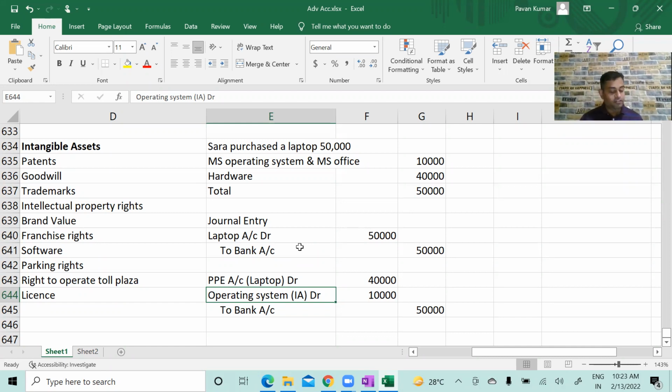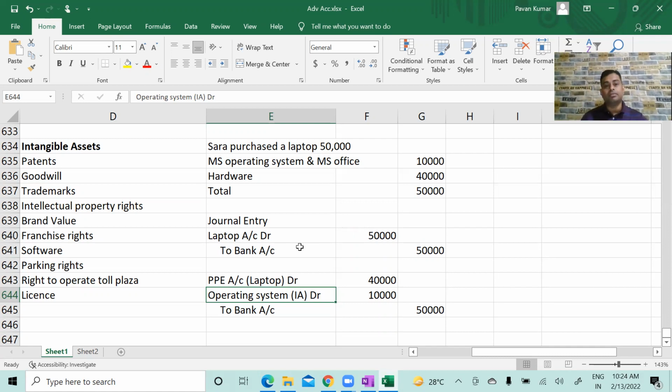And do you have mobile phone? Yes, sir. Which phone? iPhone 13? No, sir. In that operating system is there? Yes. What operating system you have? Android. So you paid for that? Or you got it free? I paid for that. My father paid actually. Obviously, when you buy a laptop, you are buying both for the instrument and also for the software.